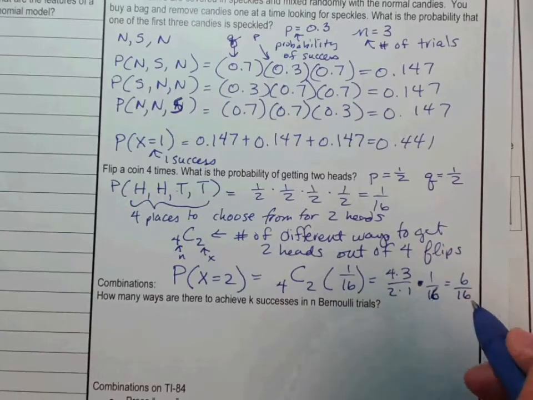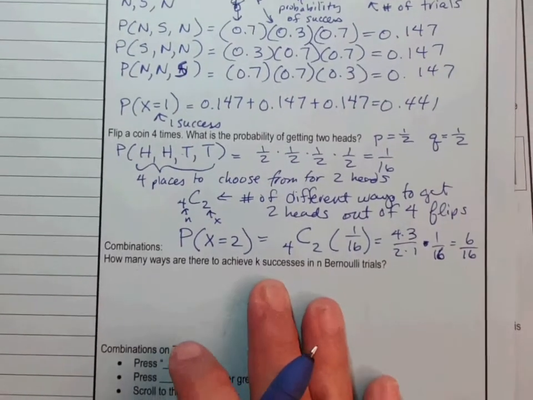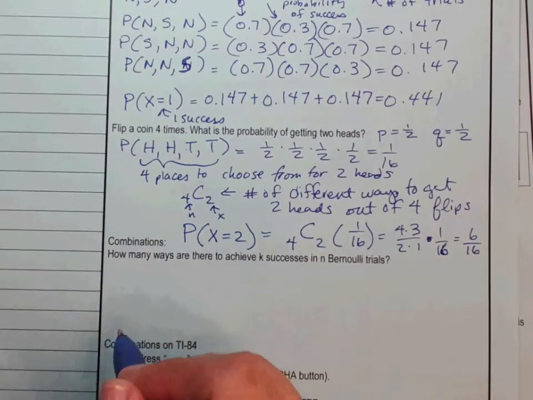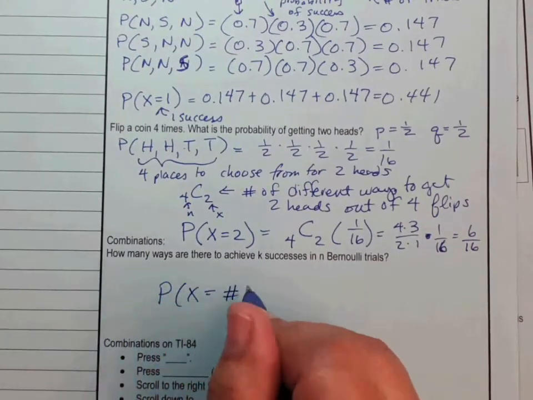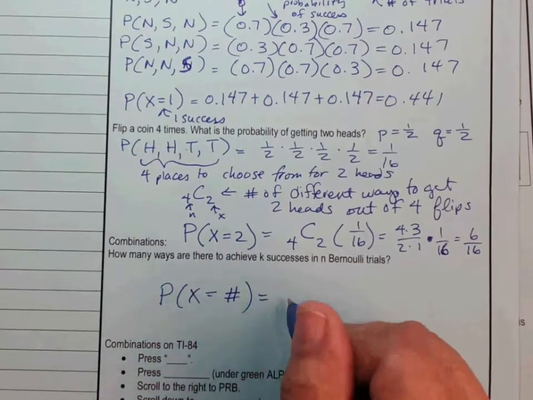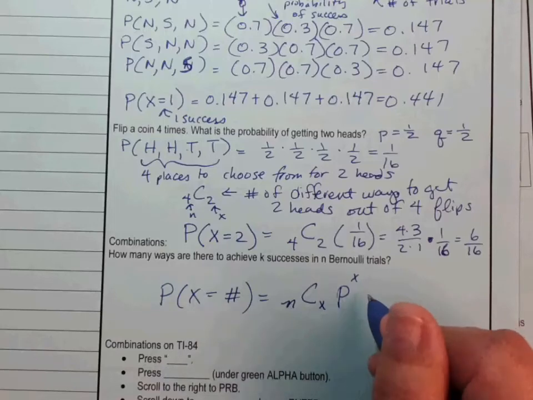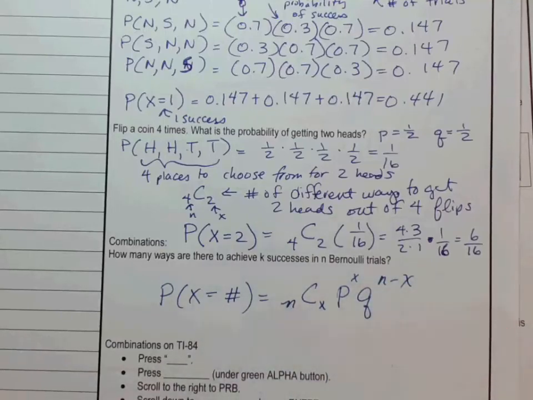Just to quickly review, just for combinations, how many ways are there to achieve k successes in Bernoulli trials? The probability that x is some specific number, in that case it was 2, is nCx times p to the x times q to the n minus x. This is our general formula. All right, so that's for the probability.